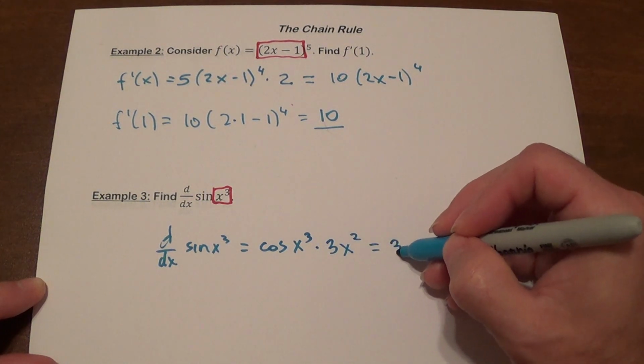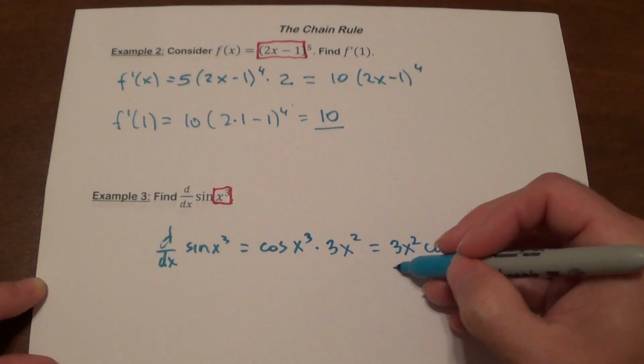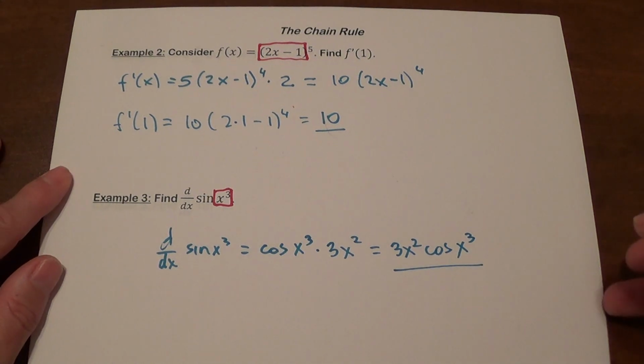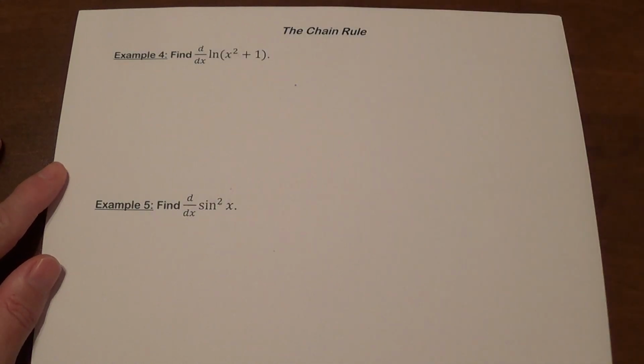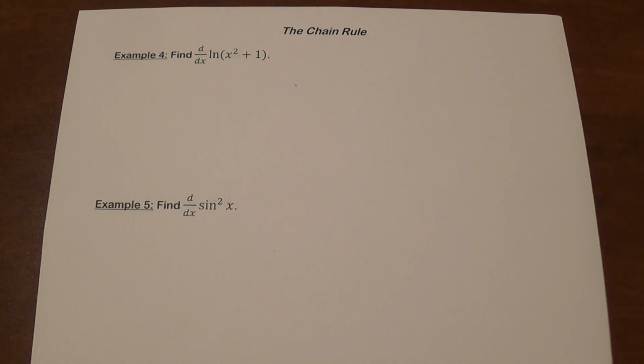And our derivative is going to be 3x squared cosine x cubed. Okay, again, we always differentiate the outside function first, and then we differentiate the inside function. You just have to remember to do both. It's actually the most common mistake, students forgetting that you have a composition of two functions and you have to differentiate both.